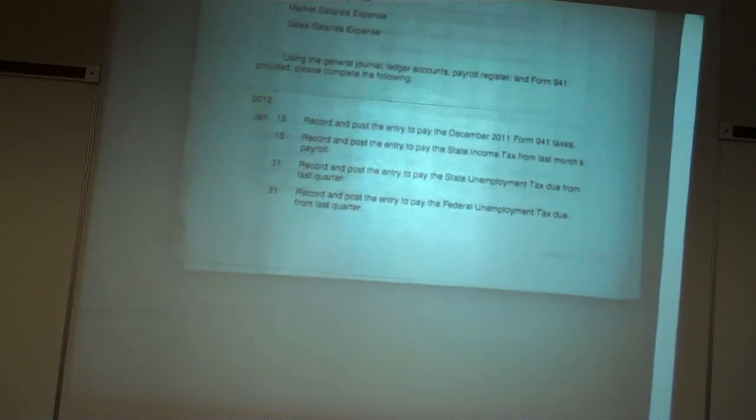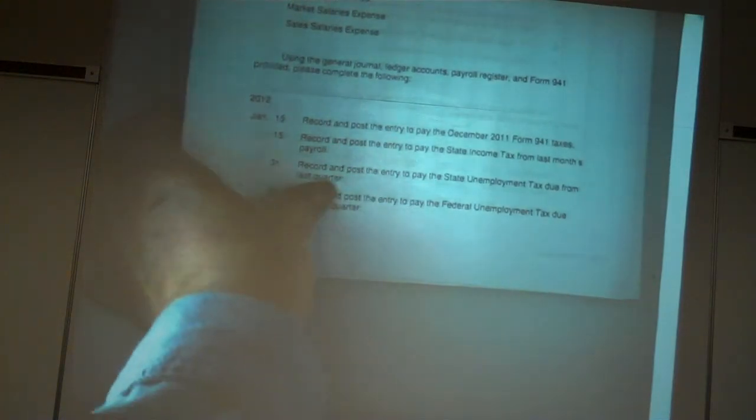Somebody already did the payroll register and recorded all of the transactions for us, and they already posted it. So what do we have to pay on the 941? There's 3 things: FICA OASDI, FICA Medicare, and federal income tax.